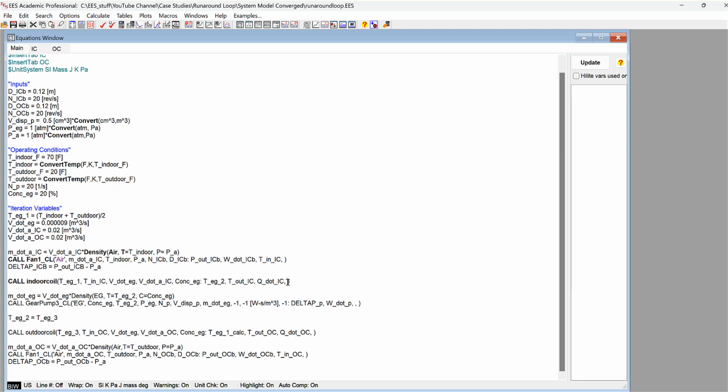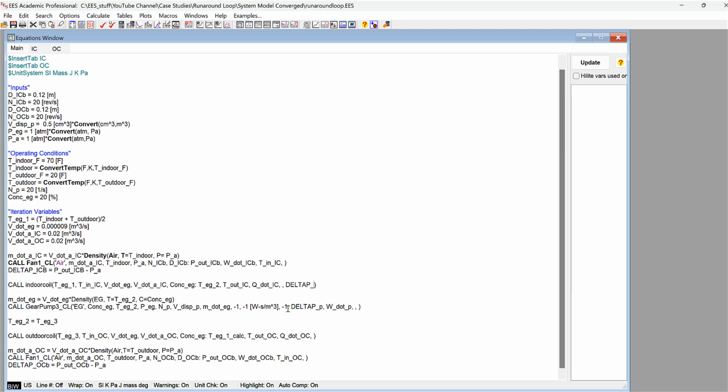So here I'm going to add delta P ethylene glycol, let's call it indoor air coil, and delta P A indoor air coil. And I have to add those also to the outdoor air, which is down here, right there.